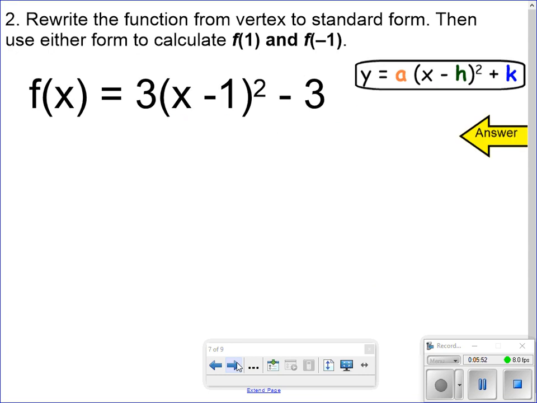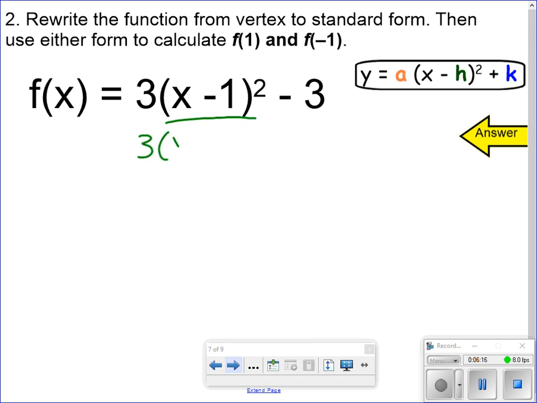We're going to rewrite this function from vertex to standard form. And then we're going to use both forms and evaluate them for negative 1. So if I'm changing from vertex to standard form, I'm just going to expand this function. We do order of operations, so I have to take care of the parentheses here. Now be careful, because this is not x squared minus 1 squared.